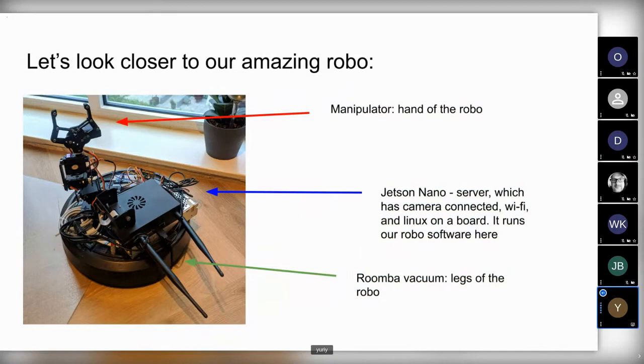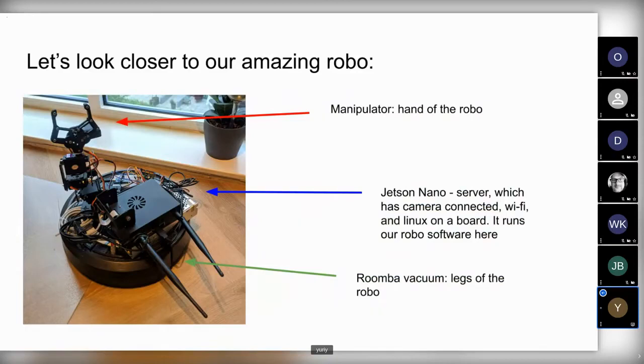And also what we have here is a camera, and of course a Roomba vacuum. It's the legs of our robot, so we just use the vacuum and connected it via TTI. We are able to send events to this robot, and it just reacts.